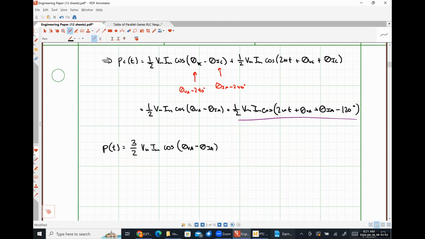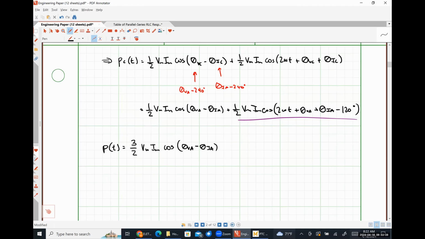This is really, really interesting because our instantaneous power, which is our time-dependent power, actually doesn't depend on time at all. It is a constant. This is one of the biggest reasons that three-phase power is used in industrial settings, because if you connect a motor to a three-phase source, it receives a constant amount of power, which means it produces a constant amount of torque.